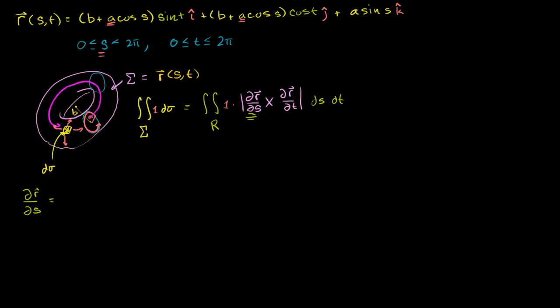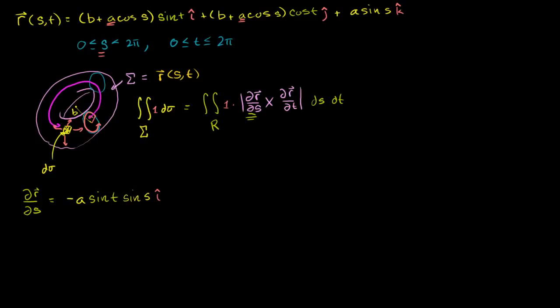So the partial with respect to s is going to be minus a sine of t sine of s times the unit vector i. That's the partial of just this x term with respect to s.